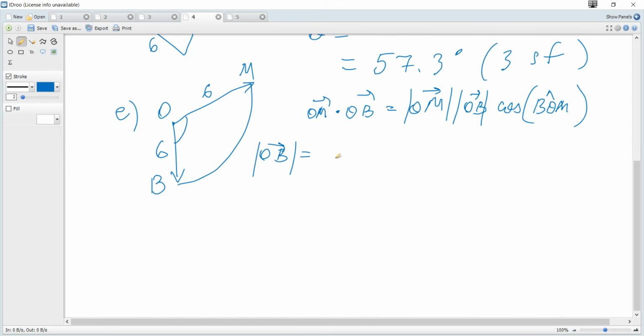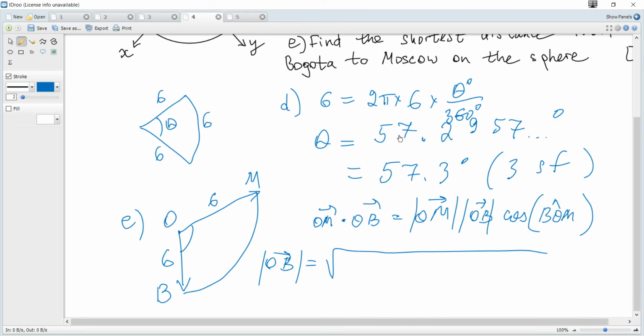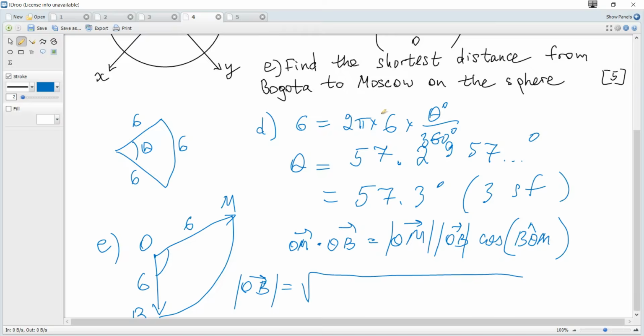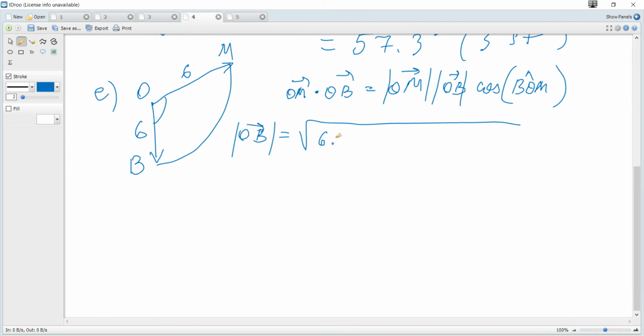OB magnitude is the square root of the sum of squares of components, so it's 6 times sine squared plus 6 times cosine squared plus 0, and we can factor out 6 squared. It becomes multiplied by sine squared plus cosine squared of the same angle, the main trigonometric identity, which is 1, so it becomes the square root of 36, and it's just 6.